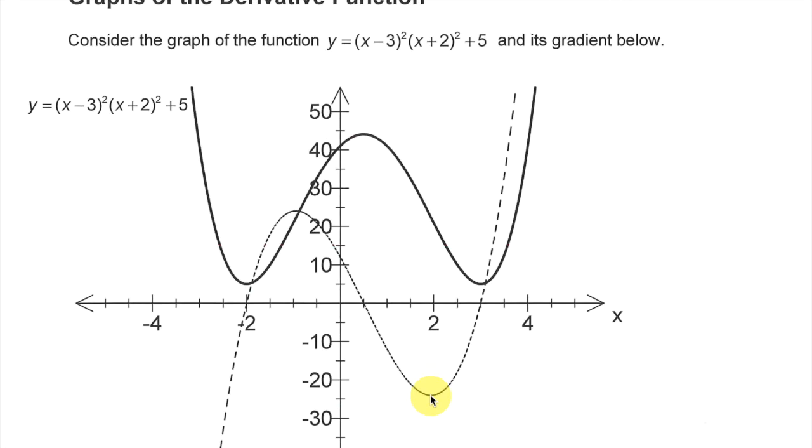And this makes sense because if you take a look at the corresponding x value and where it relates to on the original graph, you can see it's here. And at this position, the original graph is at its most steepest, and it's going in the negative direction. So it makes sense that the original graph's derivative would produce a minimum turning point.